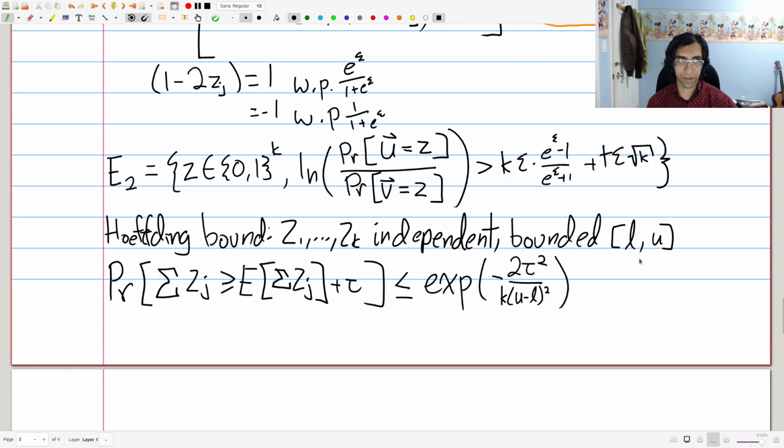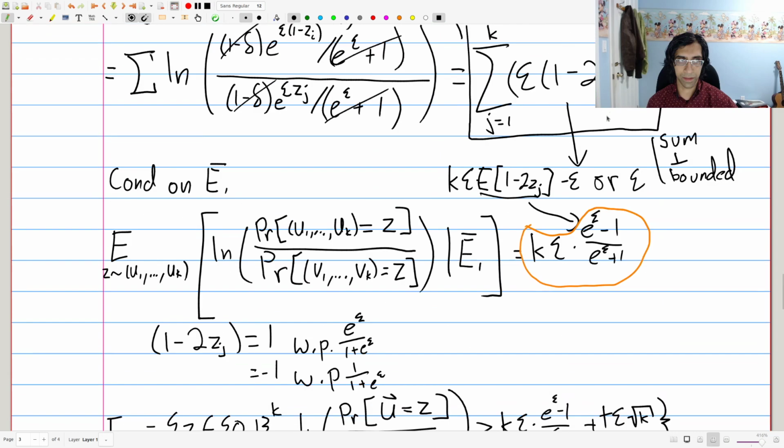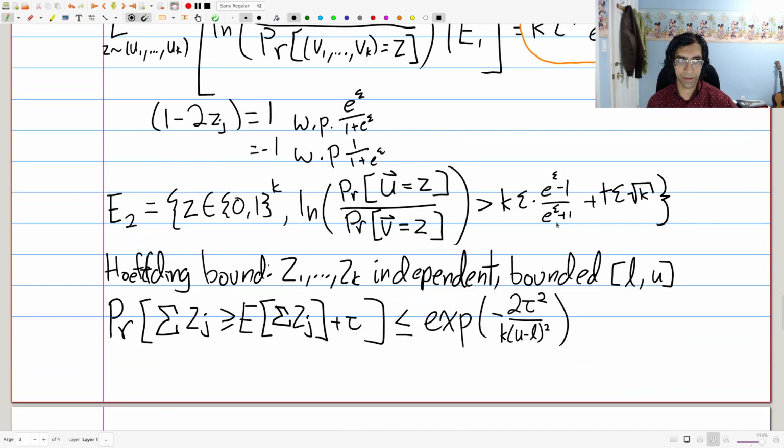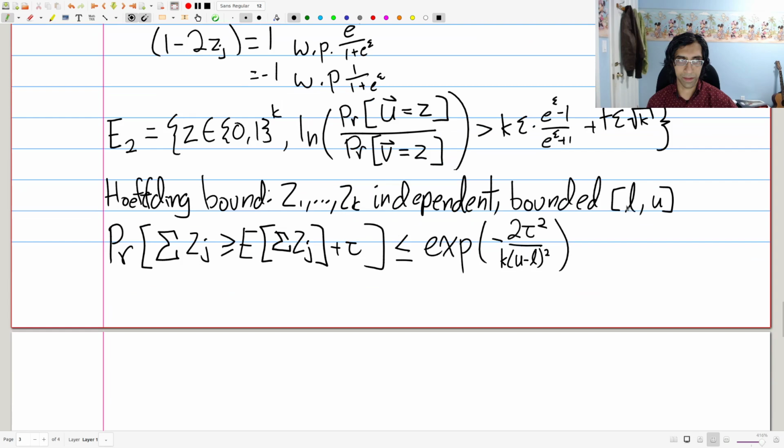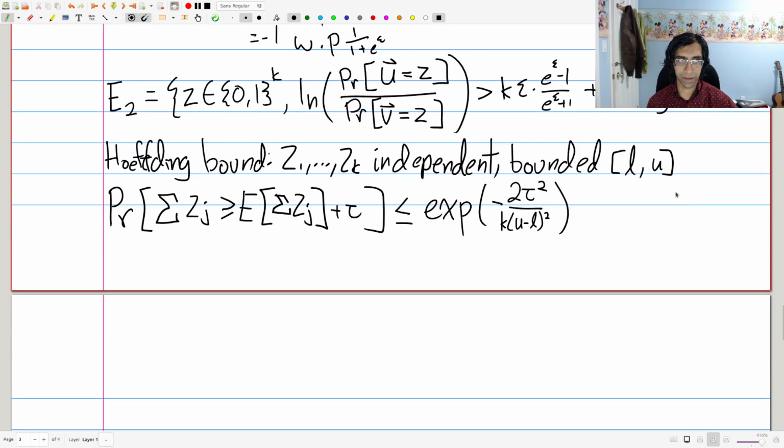What else are we going to plug in? We're going to plug in the L and the U, because we know each of these summands is between minus epsilon and epsilon. And in particular, we're going to plug in a very carefully chosen value of tau: t times epsilon times root k. A lot of talk here, but let me write out the conclusion.